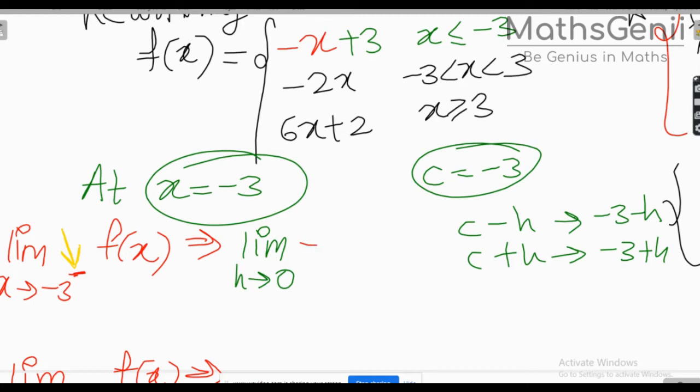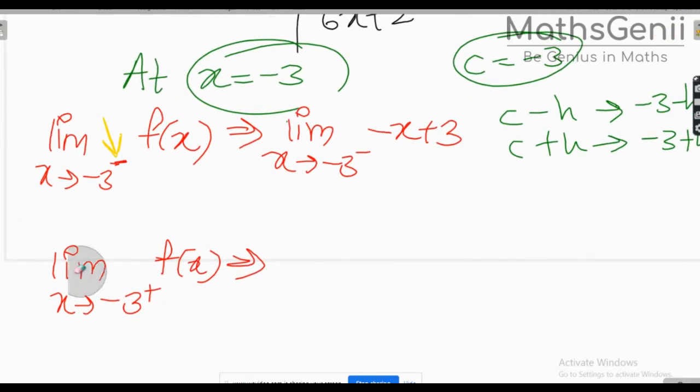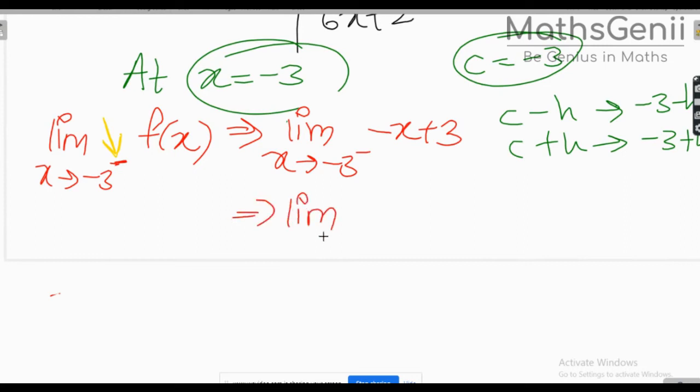Okay, let me just go slow. Let me just rewrite this. What is your f of x for x less than minus 3? It's minus x plus 3. Now convert it into a standard h form. For the standard h form and for minus, what I have taught you is this.